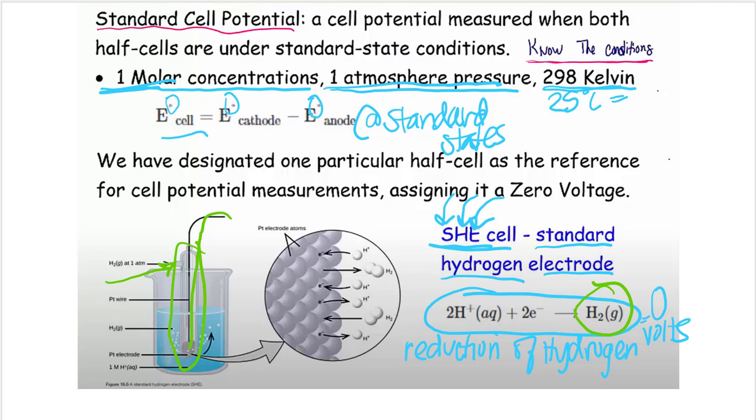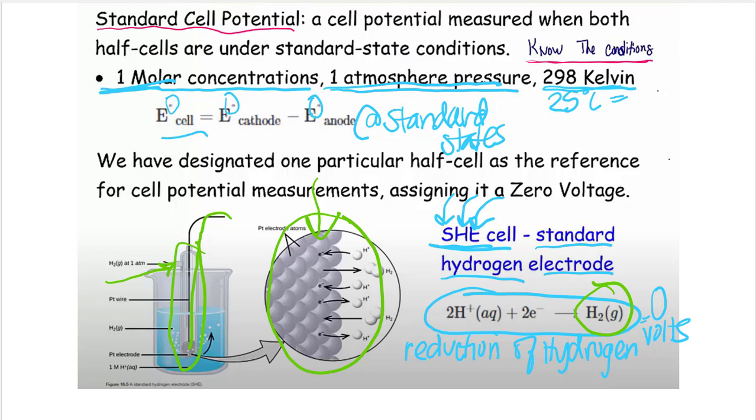And again, this is just a blown up platinum wire. It's the site where the oxidation or the reduction will occur depending on what's assigned to the other half reaction.